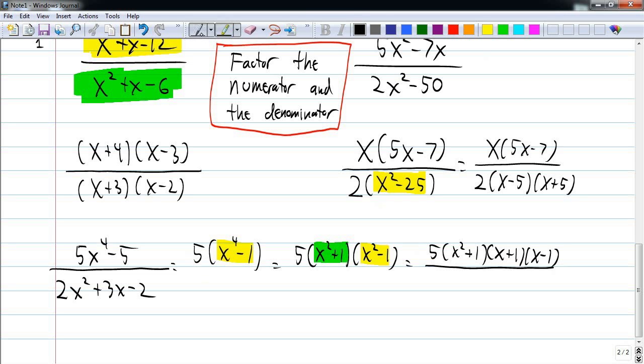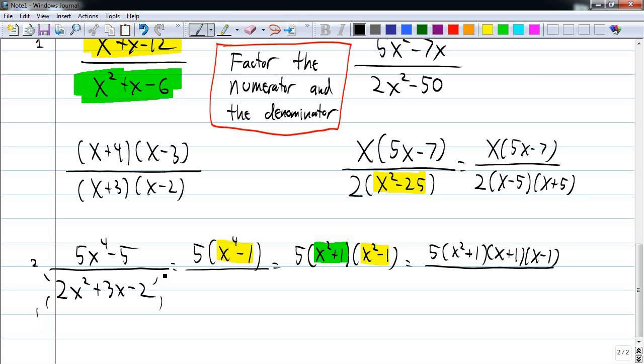Okay, let's look at my denominator. My denominator has a 2 as a leading coefficient, so you can do rewrite, or you can play the number game. I'm going to play the number game. So I need two factors of 2 and 2 factors of -2 that when I multiply them together and add them up give me positive 3. So let's go 2 and 1.